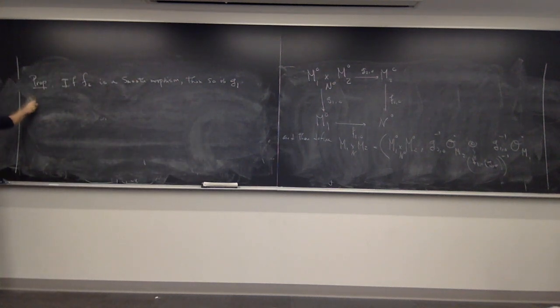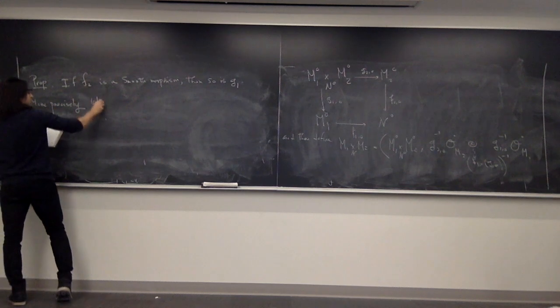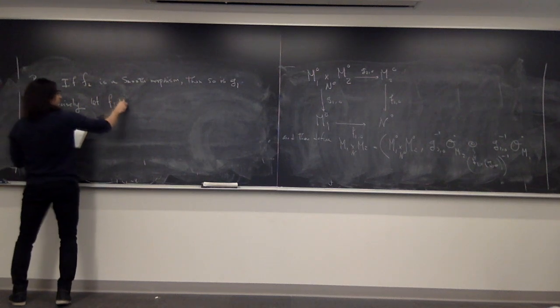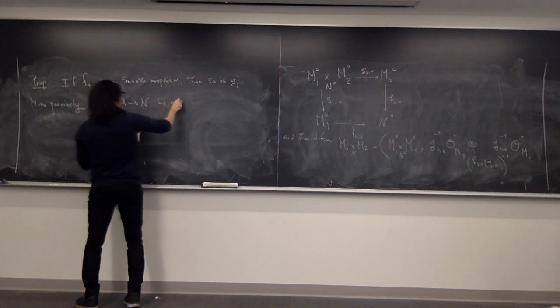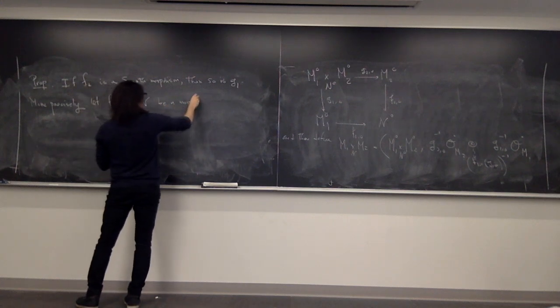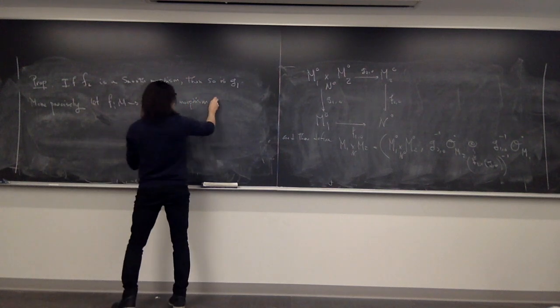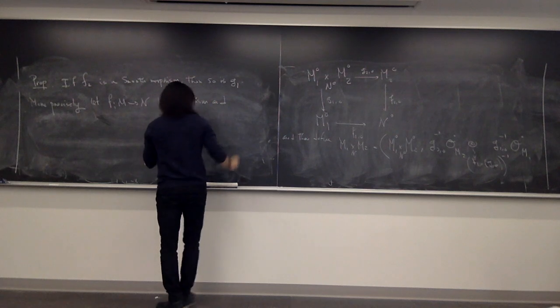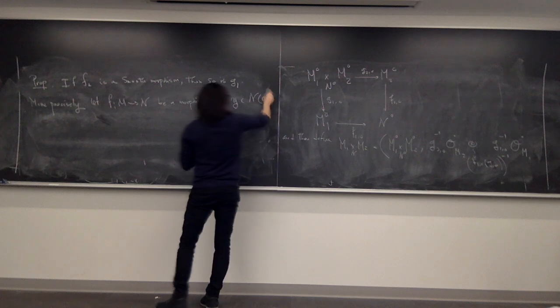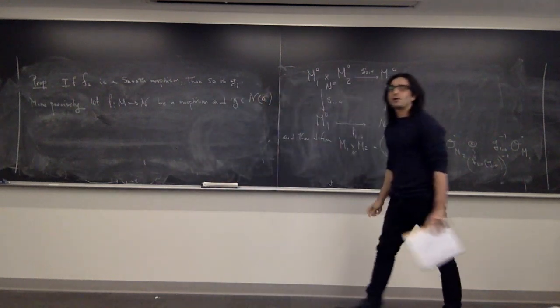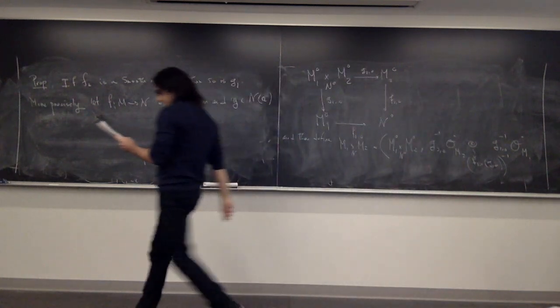More precisely, let F from M to N be a morphism, and let Y be a C point of N, for instance. Okay? Be a point.